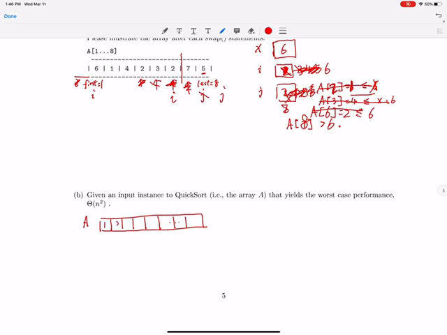In the first partition, because I use this value as our pivot value, the partition function will return 1, which is the location of the pivot value.